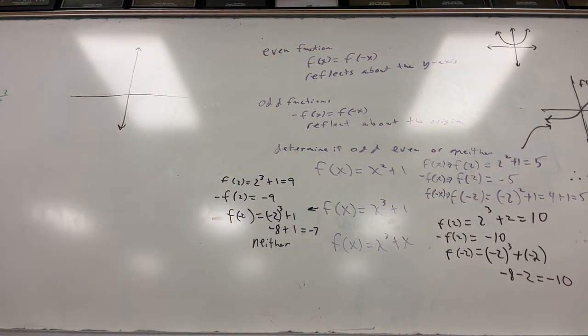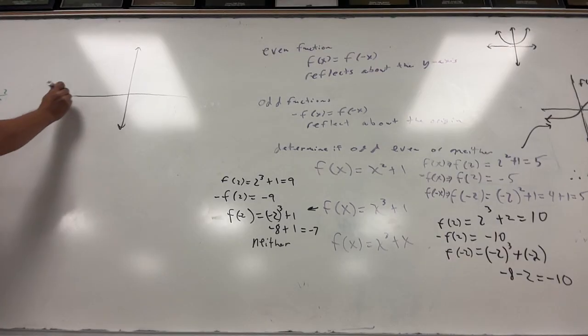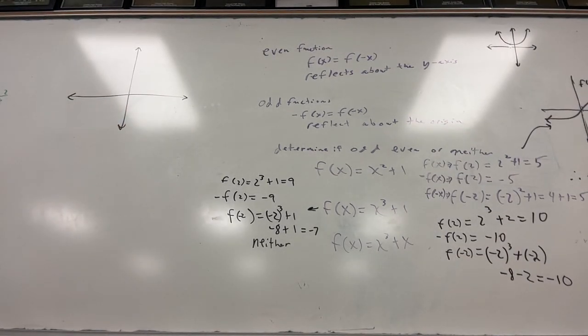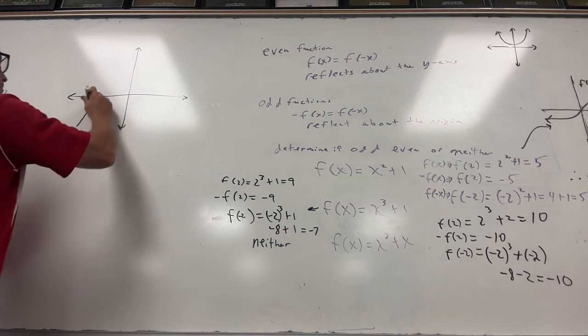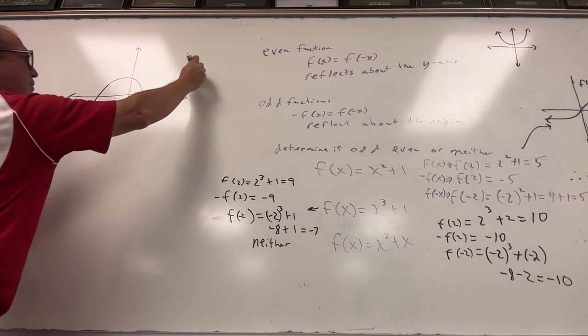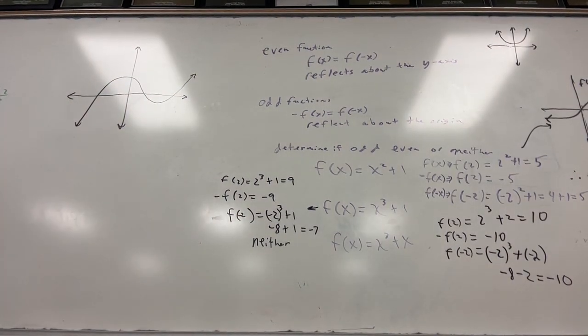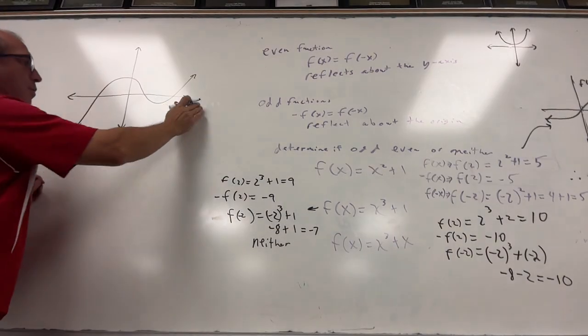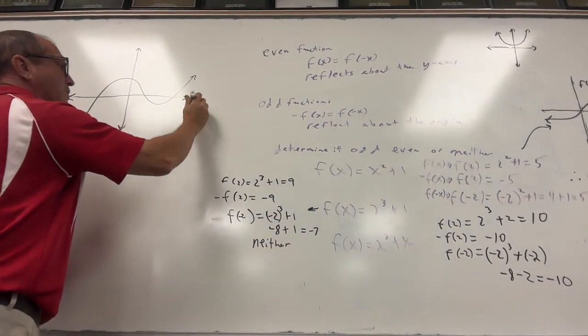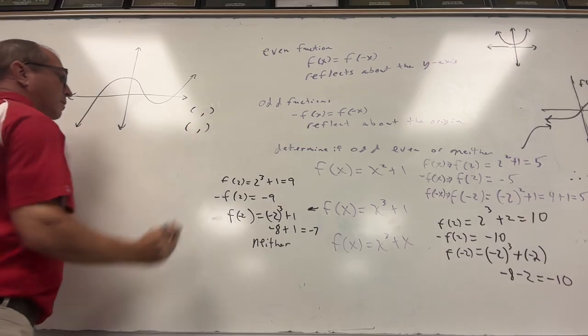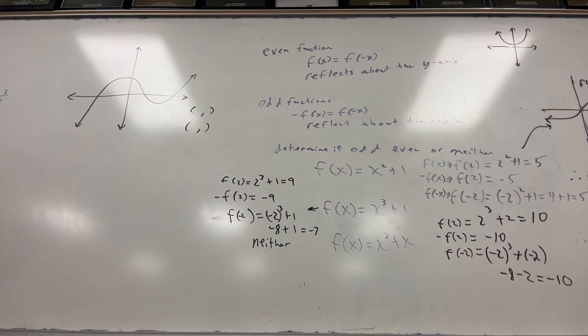And the last thing we're going to do is talk about relative extrema. Now, relative extrema deal with relative maximums and relative minimums. Basically, and this is a calculus definition, but they put it in here, if you can create an open interval that has a lowest point or a highest point, then that is a relative minimum or a relative maximum.